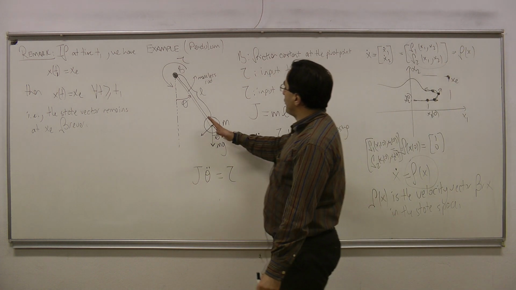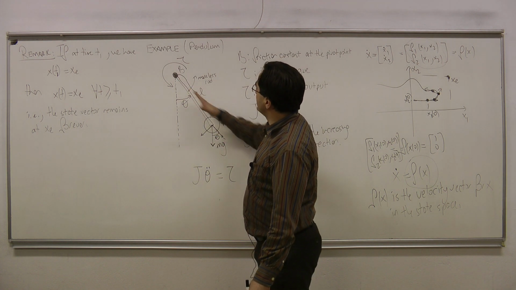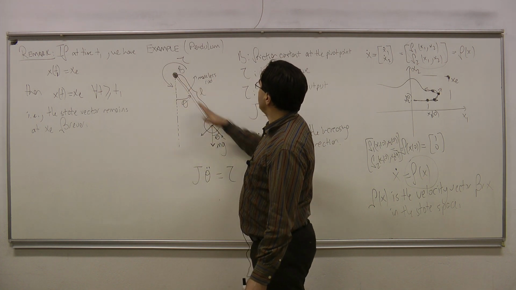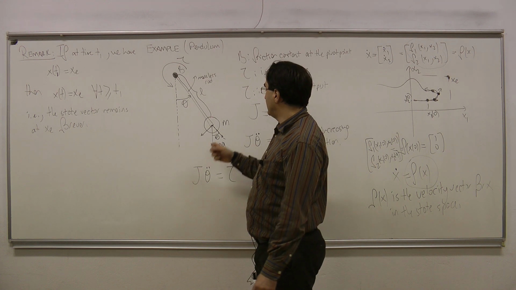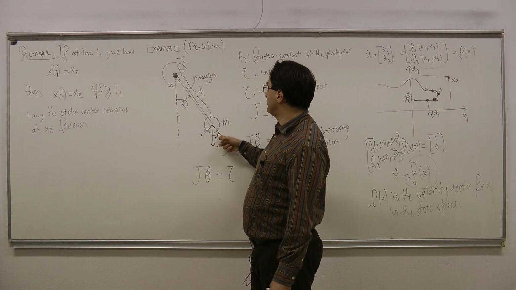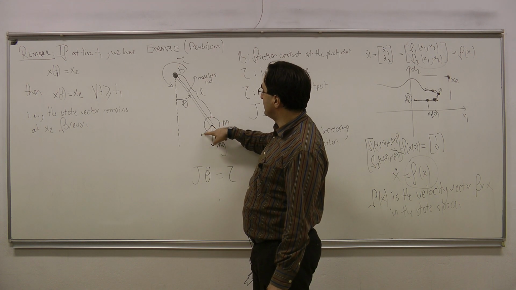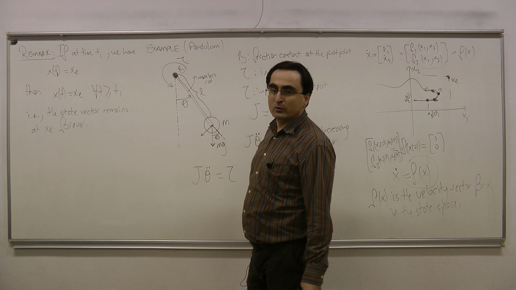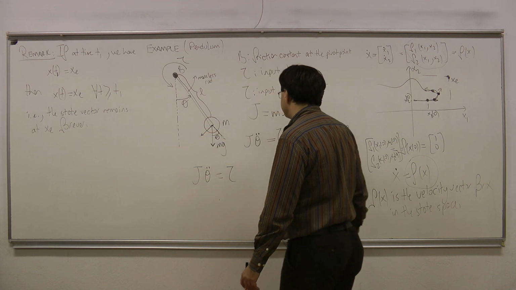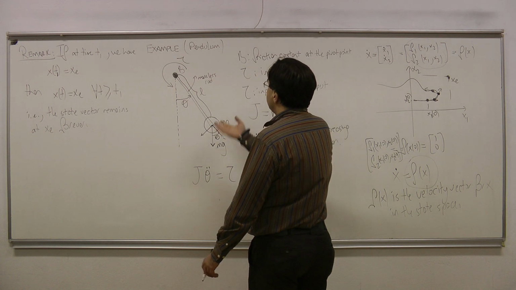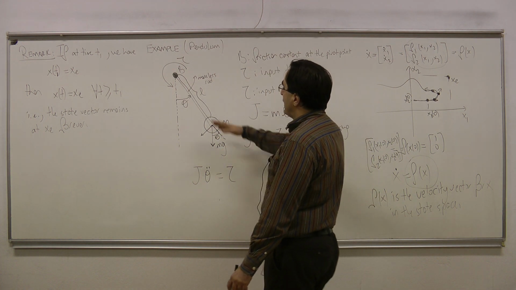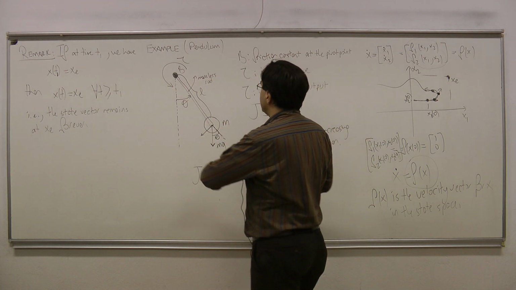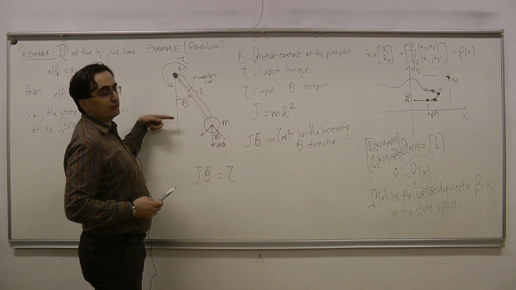We know that forces passing through the point of rotation do not cause any torque. Okay? So this part of the force will not cause any torque. On the other hand, this part is going to cause the torque. Okay? So here I am counting the torques in the increasing theta direction.